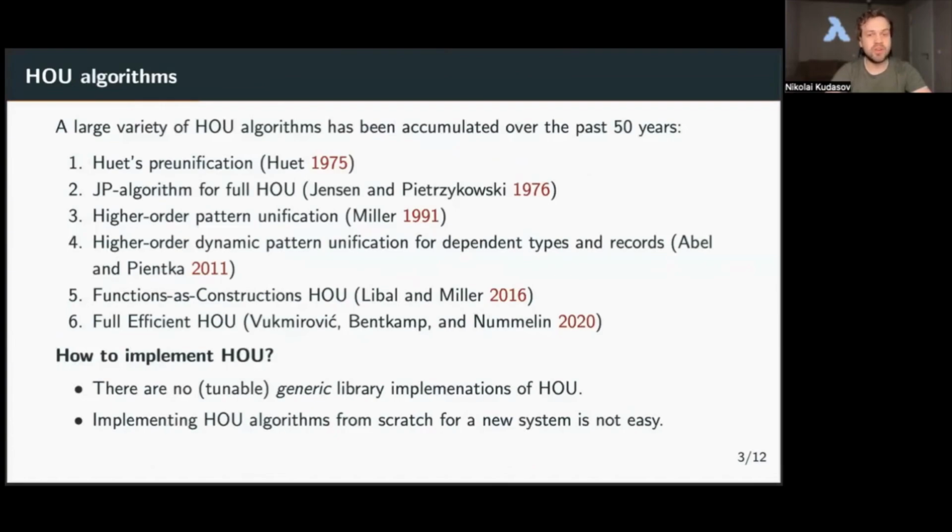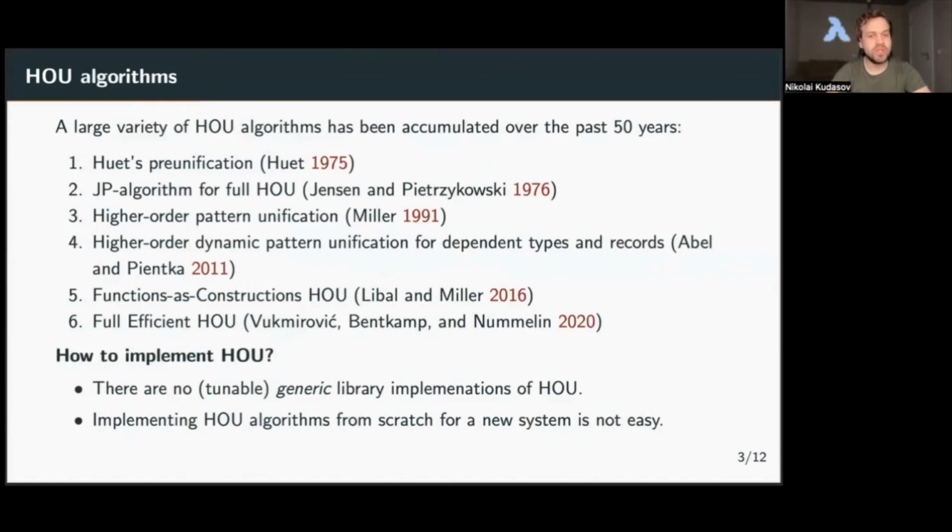For these reasons, variations of Miller's pattern unification are very popular, specifically in type checkers, including interactive proof assistants based on dependent type theories. Now, automated theorem provers, such as, for example, Zipperposition, often require full higher-order unification. And particularly, one of the recent papers by the team behind Zipperposition presents a combination of techniques dubbed full efficient higher-order unification that makes this very efficient.